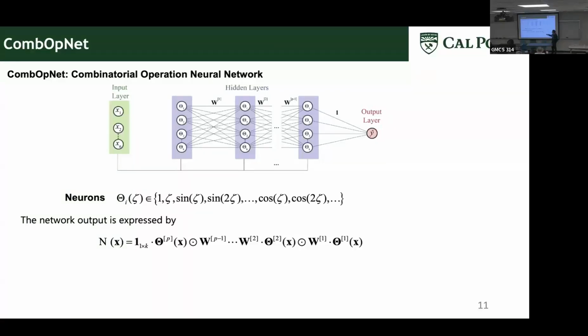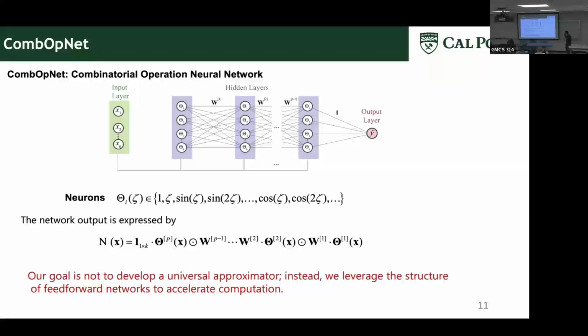Then we do this element-wise product, and we get the output of my second layer. Then I do a matrix product with the W2 here.